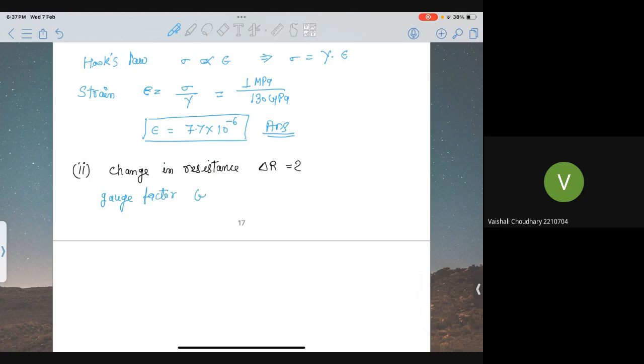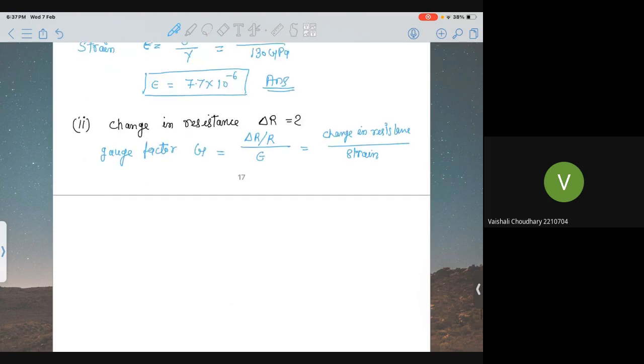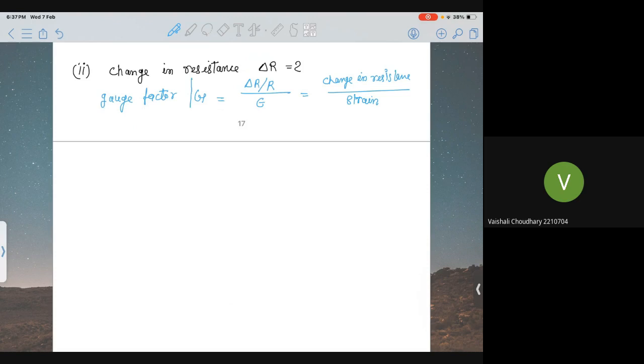We'll denote it with G. It is the ratio of the change in resistance to the original resistance, divided by strain. Change in resistance by strain. Okay. Using this formula, we can calculate the change in resistance.